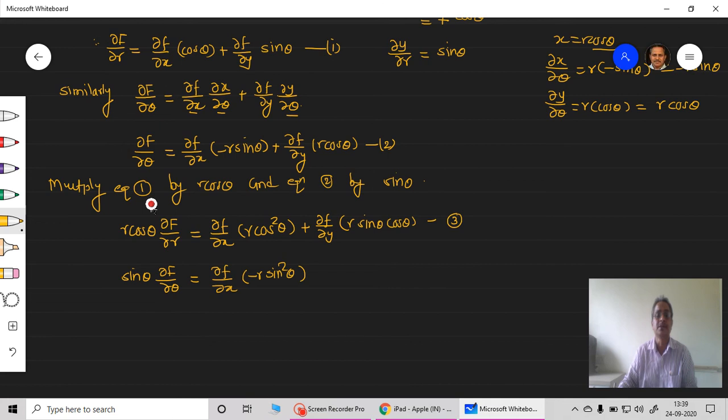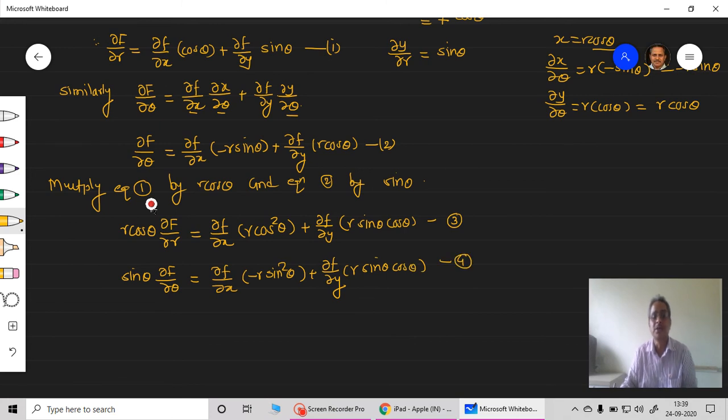So this term, plus ∂F/∂y, and here it was r cos theta multiplied by sin theta, so this becomes r times sin theta cos theta. Now this is my equation number 4.